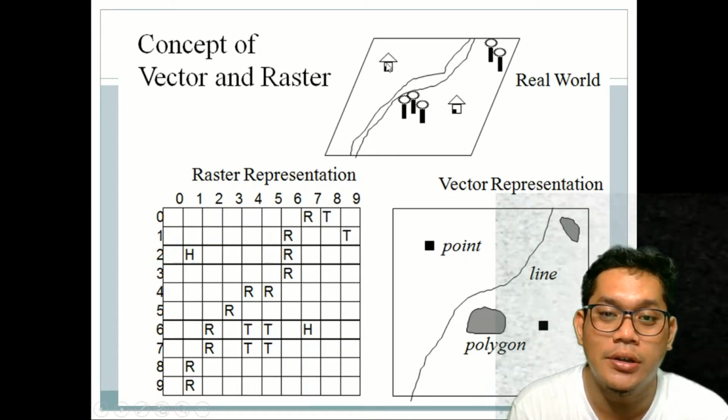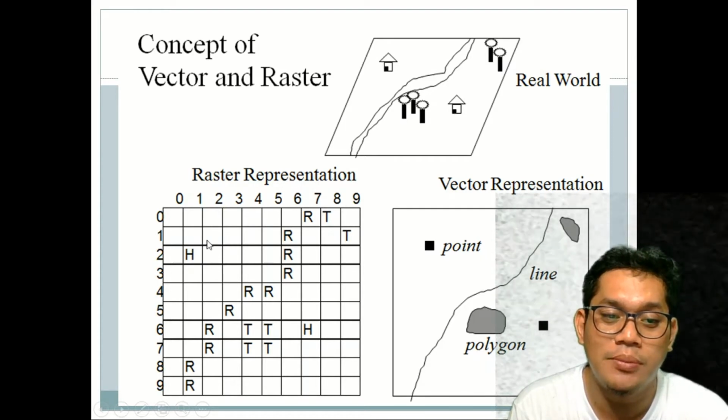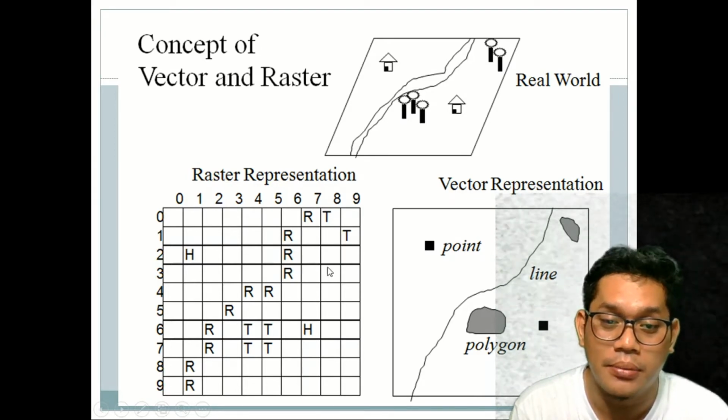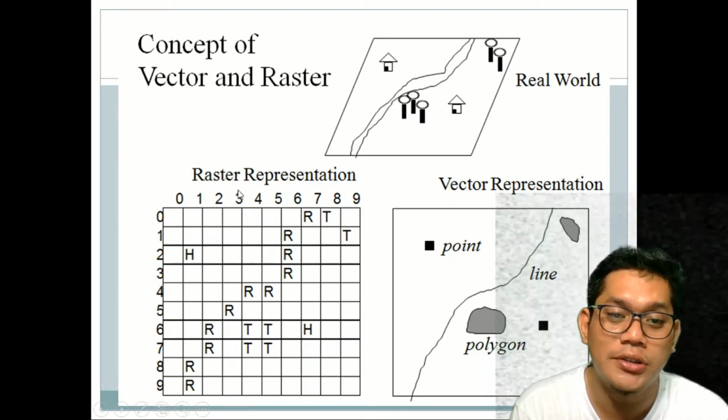So here, for example, this is the house and river. It was represented here as several dots of pixels as house, rivers. We can see that it creates combinations of the pixels in specific directions, and also specific shapes represent what the river looks like, tree, and others. So this is how raster is represented.